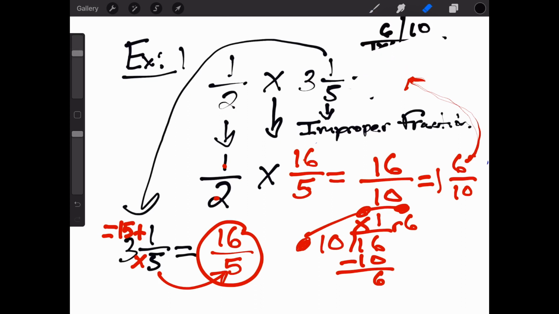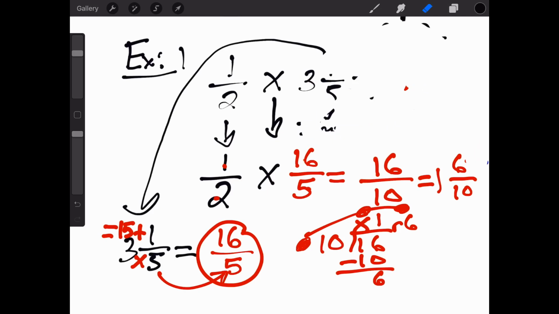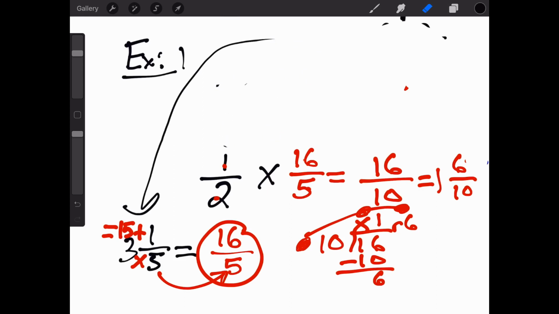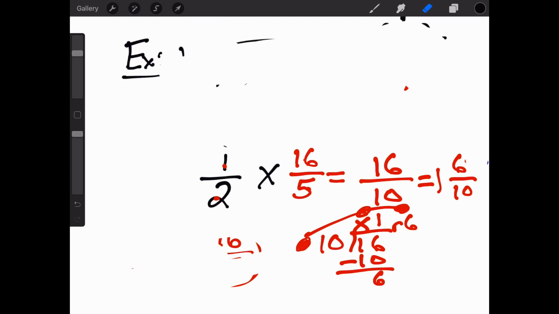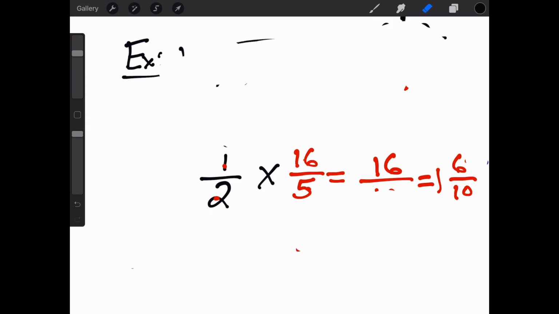Let me fix this up here. I'm going to erase this over here. I'll put the problem. You already have the problem. Erase this part. Make this 10. Great.